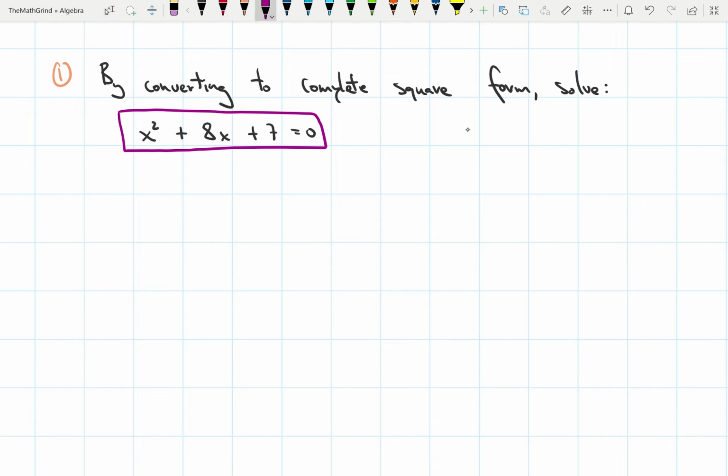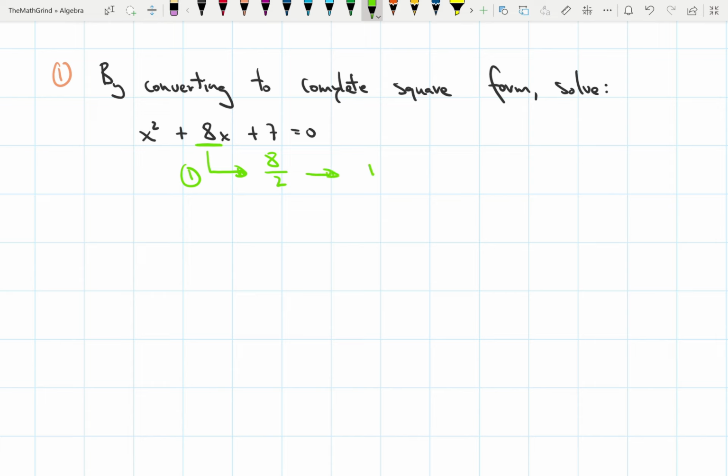So by converting to complete square form, or they could say vertex form instead, solve x squared plus 8x plus 7. So the first step here is you always take the coefficient of the x, so in this case it's 8, and the first thing you do is you half it, so 8 over 2, and that's going to leave us with 4.